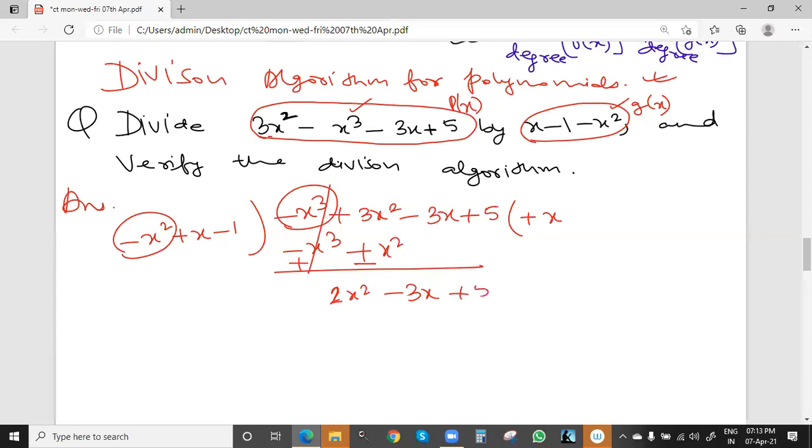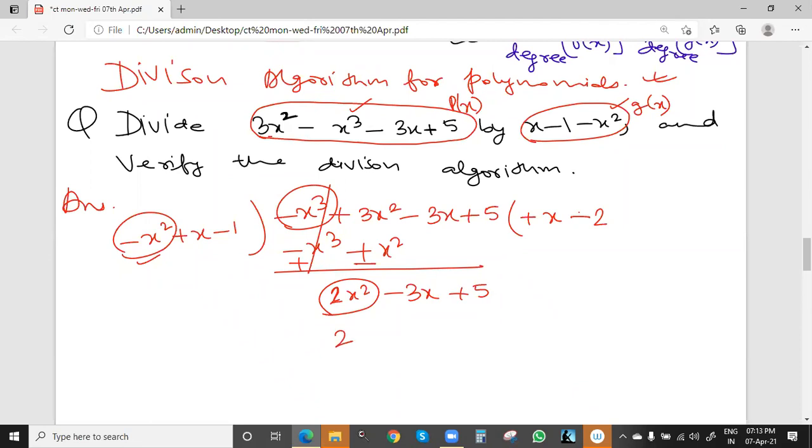minus 3x plus 5. Now we'll focus on 2x square, and here we have minus x square. So what is the value? First we'll put minus 2, because minus 2 into minus 1 will be 2.